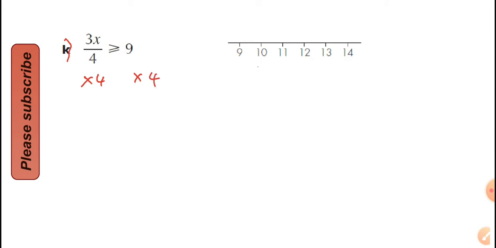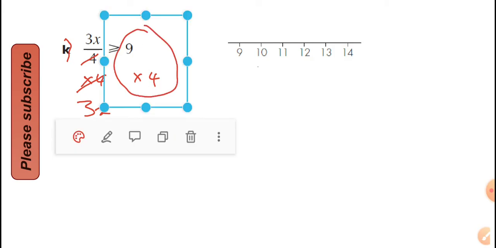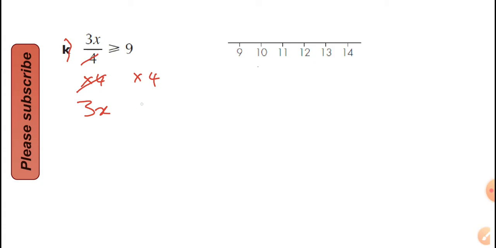So because we've times it by 4, this divide 4 and this times 4 cancels out on the left, leaving us with just 3x, and on the right hand side 9 times 4 is 36, and we just copy the sign as it is.